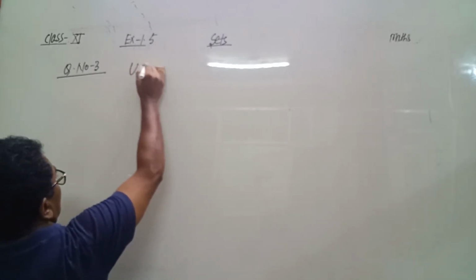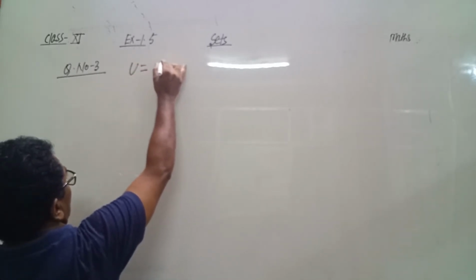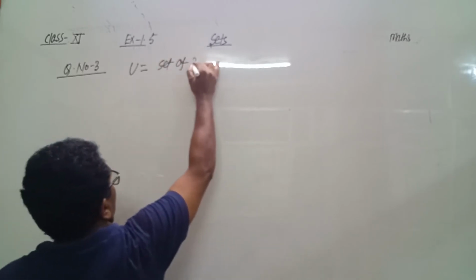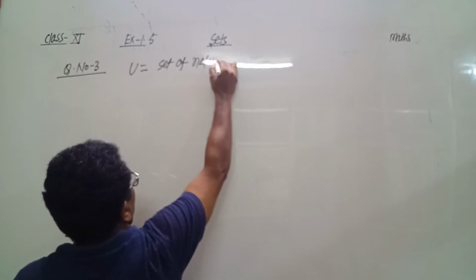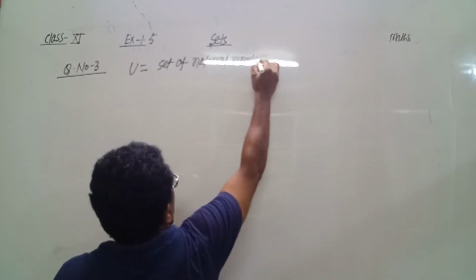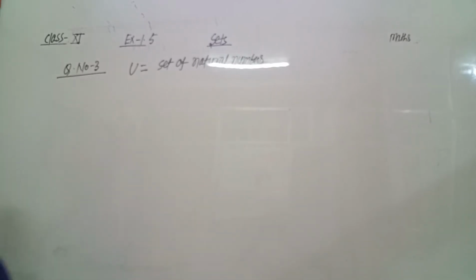We have been given the universal set U equals the set of natural numbers. Then we have to find the complement of the following sets.